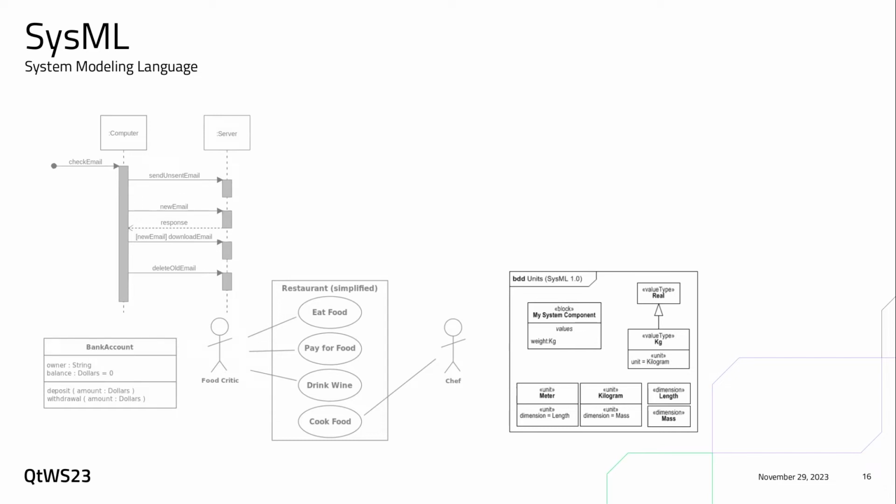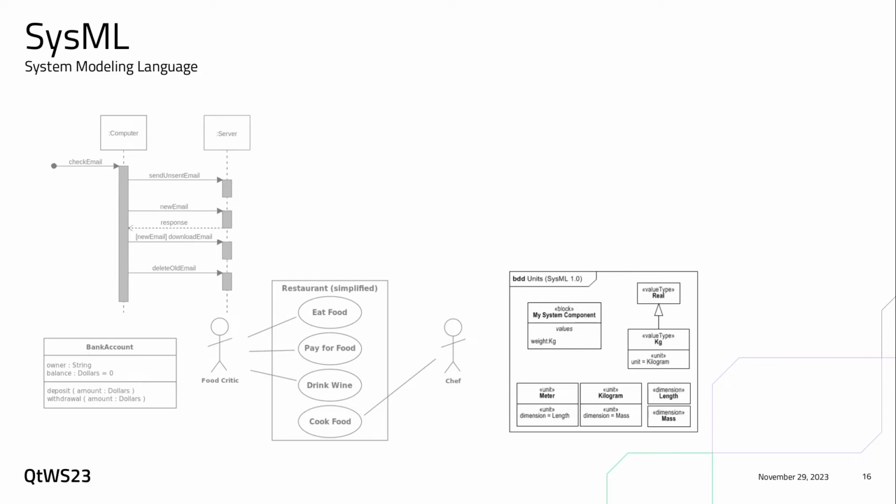SysML, in contrast, is a modeling language where you can model, I wouldn't say everything, but most of the things, I think. It is more agnostic to the system you model, so to speak. So where UML is focused on software development, SysML is more generic, and it's based upon the unified modeling language.